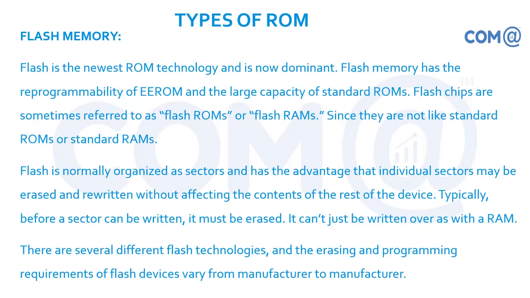Flash is normally organized as sectors and has the advantage that individual sectors may be erased and rewritten without affecting the contents of the rest of the device. So the advantage of flash is you need not rewrite from scratch, whereas you can do whatever is additionally added.